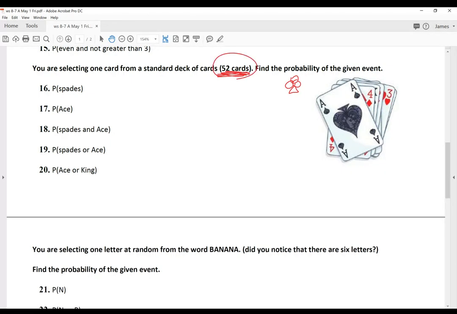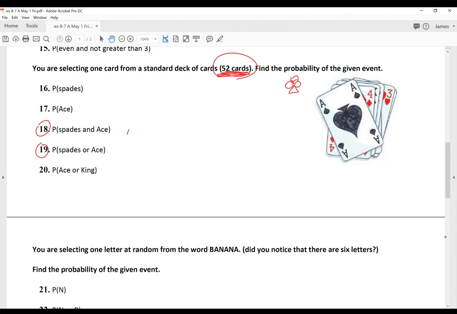Okay, so let's do the same thing with number 18 and 19. AND versus OR. So how many cards are spades and ace at the same time? Well, there are 4 aces, and there's only 1 ace in spades. The very top picture gives you spades and eights.